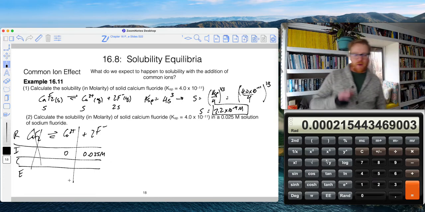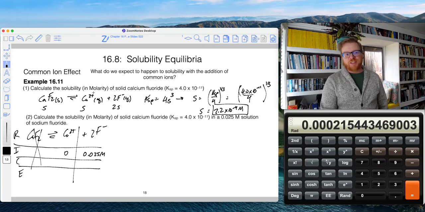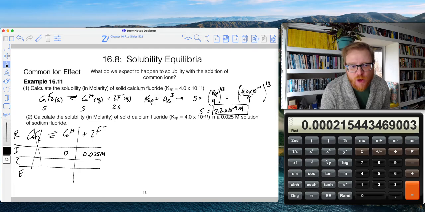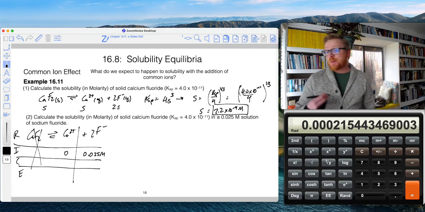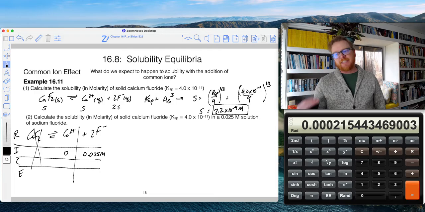So now, if we think about this in terms of Le Chatelier's principle, because we have an excess of fluoride, but we don't have any calcium present, that means some of our solid is going to want to dissolve to fill that in. However, we already have a large excess of this present. So what that means is we actually expect our solubility should be decreased, okay, via Le Chatelier's principle.